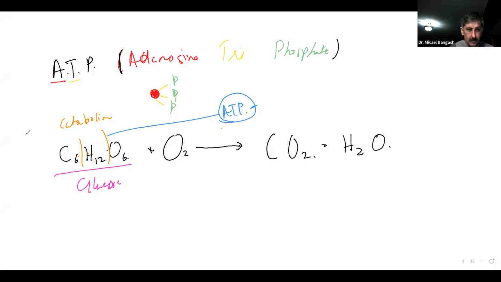Oxygen and carbon join to form carbon dioxide, and hydrogen and oxygen join to form water. But then we also have the release of sugar. So at the end, from the breakage of these bonds, we get ATP.